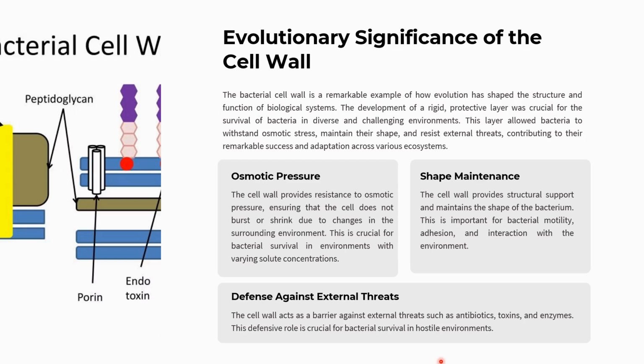The bacterial cell wall is a fundamental protective barrier that shields the cell from numerous external threats. This structure not only maintains cell integrity but also plays a crucial role in defending against environmental hazards and toxic substances. Its defensive role is essential for bacterial survival in hostile environments.